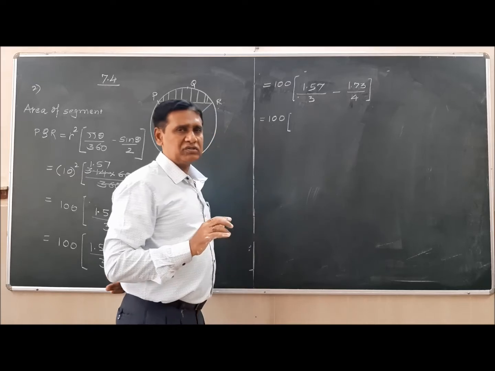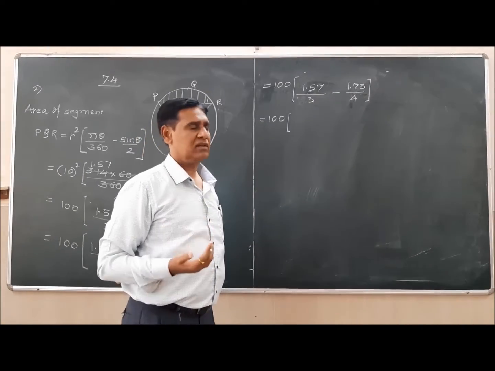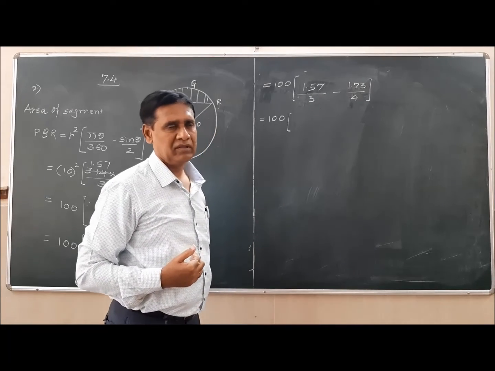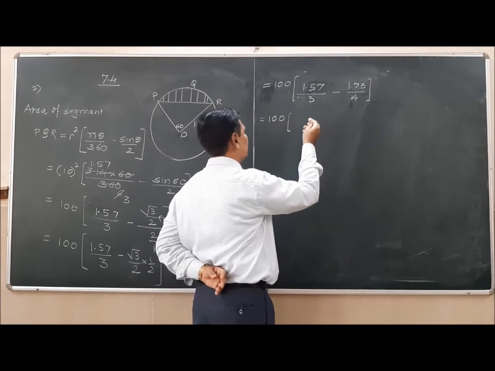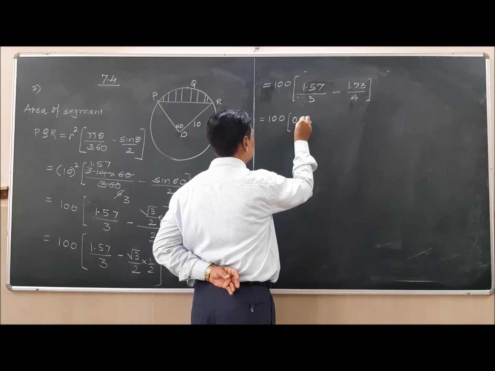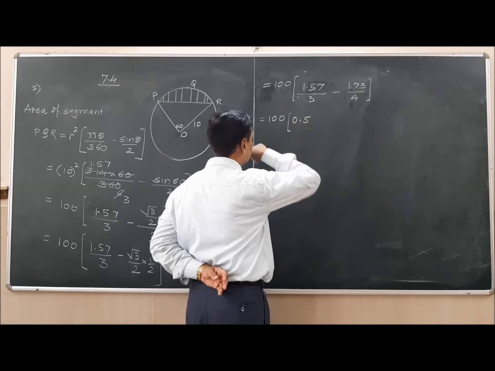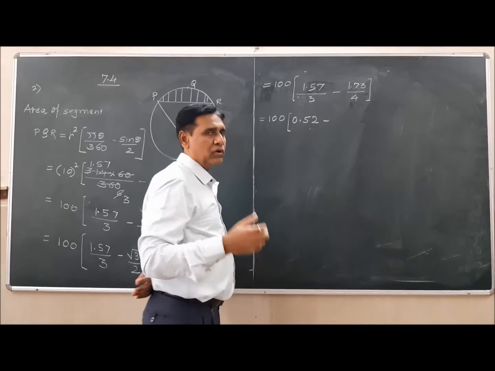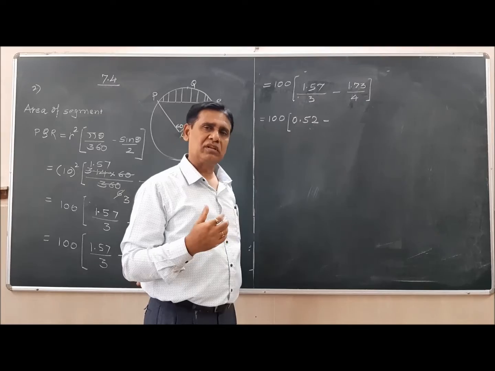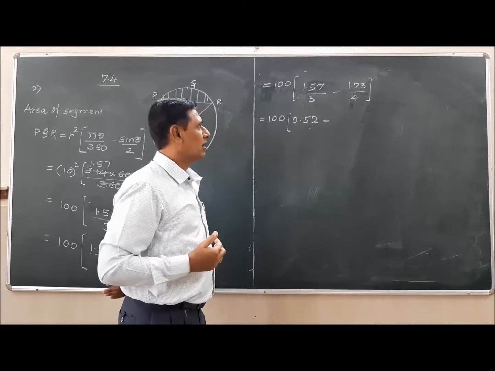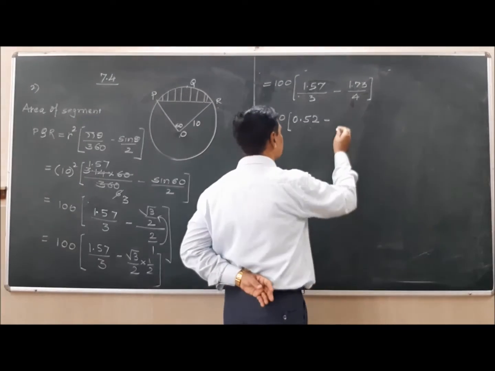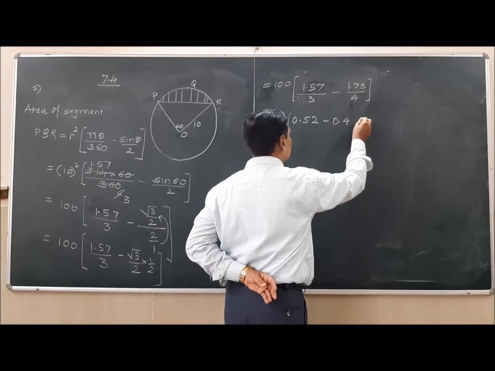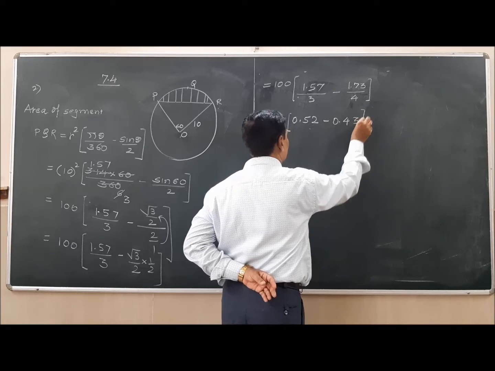Now I am not going to take LCM, but what I prefer, straight away I will divide this 1.57 by 3. And if I divide 1.57 by 3, 3 5s are 15, 3 2s are 6, I am going to take the values till 2 decimal places only. Now minus 4 4s are 16, plus 1 is 30, 4 3s are 12.